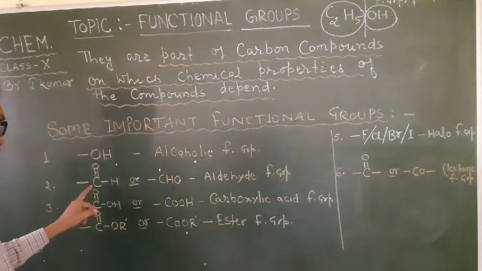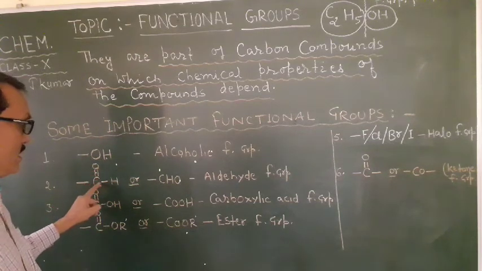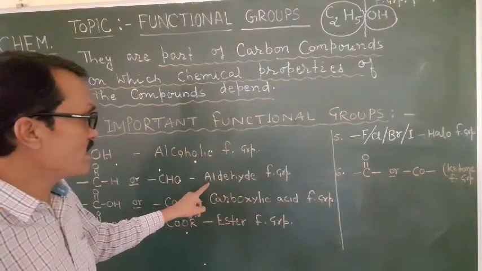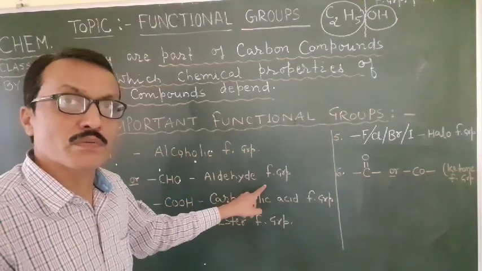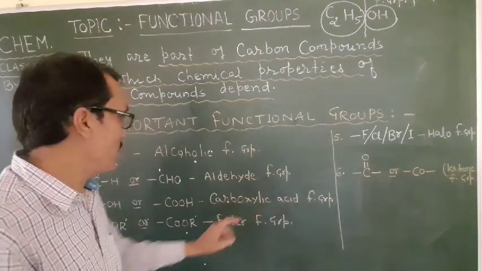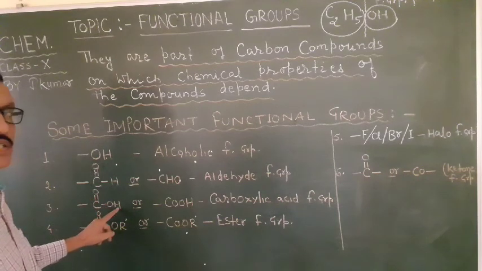Second one, students, you can see CHO, and this functional group is known as the aldehyde functional group. CHO. This is known as the aldehyde functional group. Now the third one, COOH.